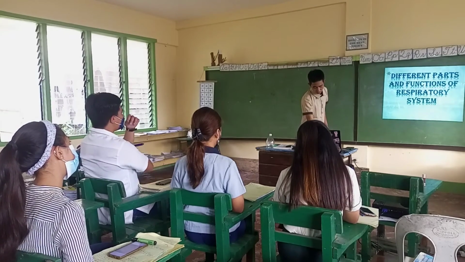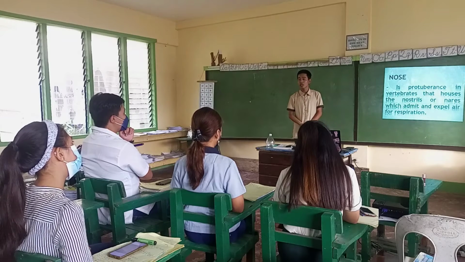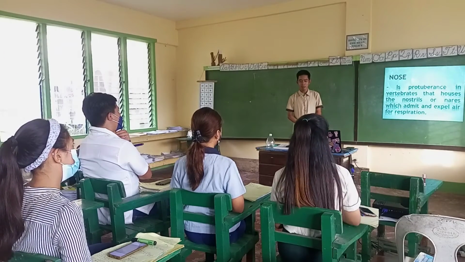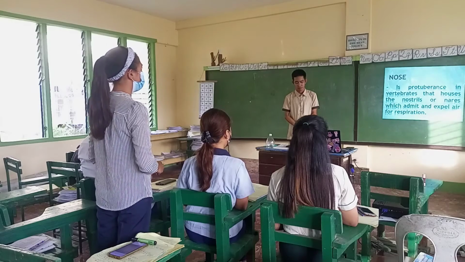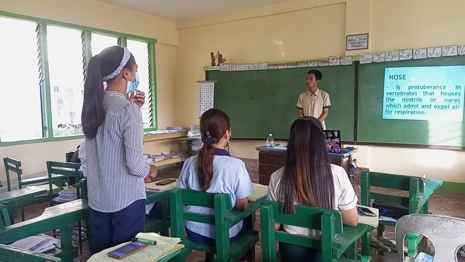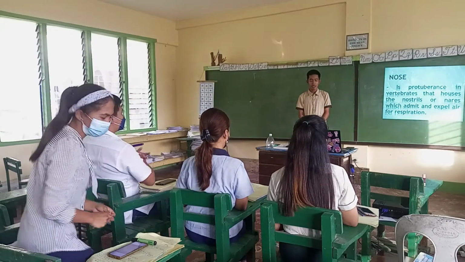So, the first part, as you see in the first slide, is the nose. Who can read about the nose? Yes, Leah. Nose is a protuberance in vertebrates that houses the nostrils or nares which admit and expel air for respiration. Okay.